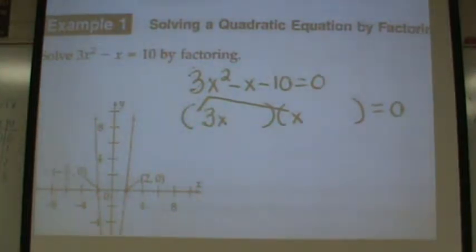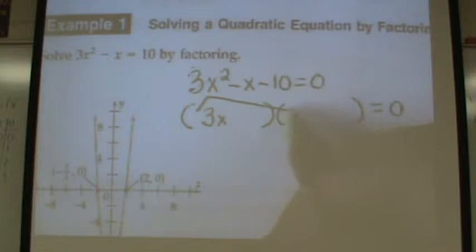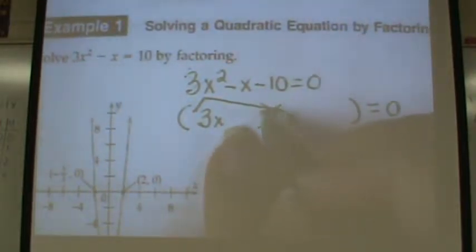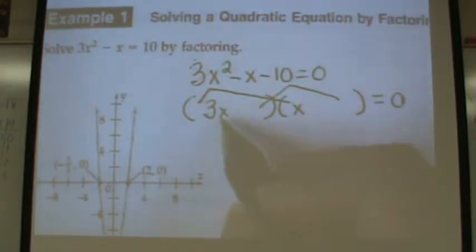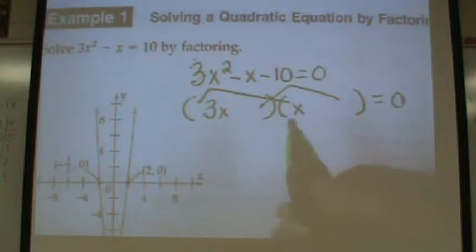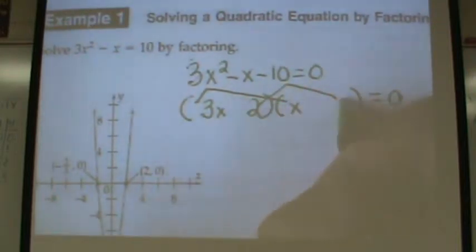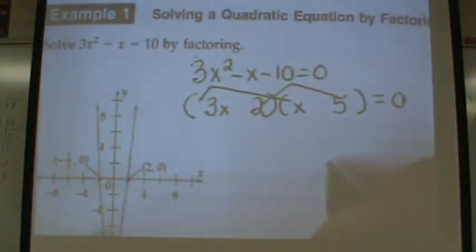Now, what are you going to put in the last 2 places? We want to think of what 2 numbers multiply to give you negative 10, but when I FOIL the outers and the inners, you get a negative 1. Are we going to put a 2 here and a 5 here? See if that one works.